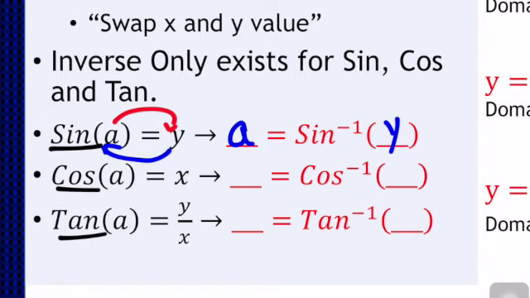Same thing with the cosine: a is now what it equals, and x is now inside. For the tangent, a is now what it equals, and on the inside, I'm going to have y over x.